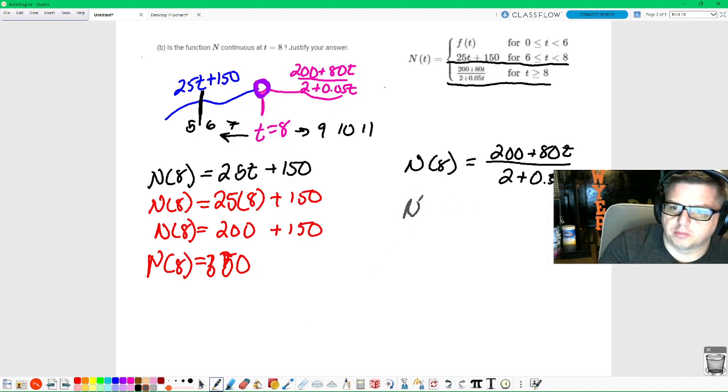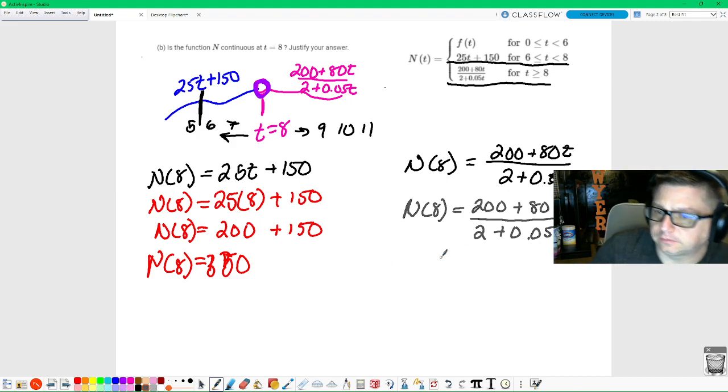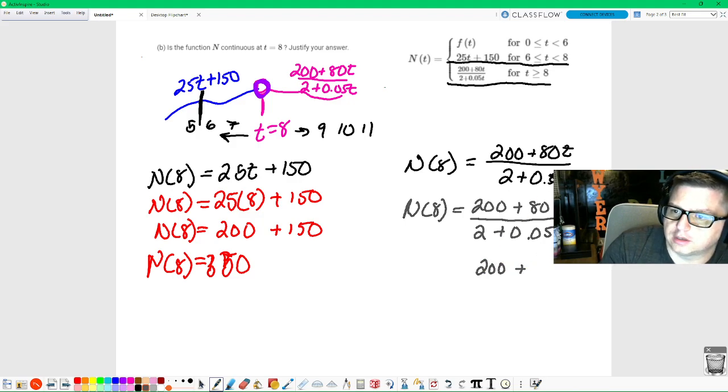Now let's do it over here. This will, I think, be a little trickier one, just because there'll be another step or two. So 80 times 8 over 2 plus 0.05 times 8. Okay. So 80 times 8, we're going to get 640.